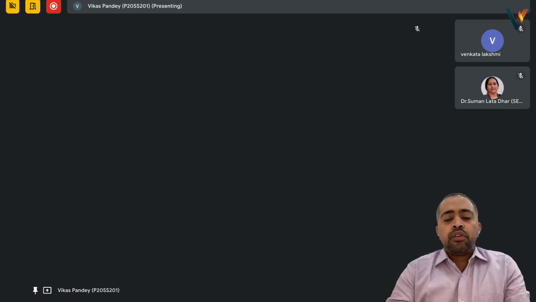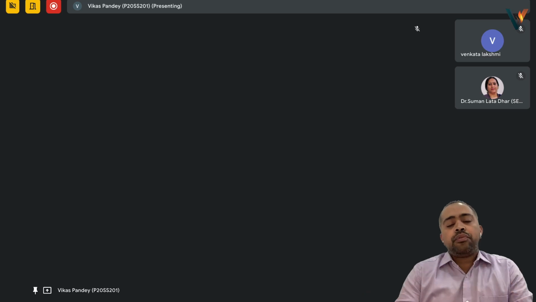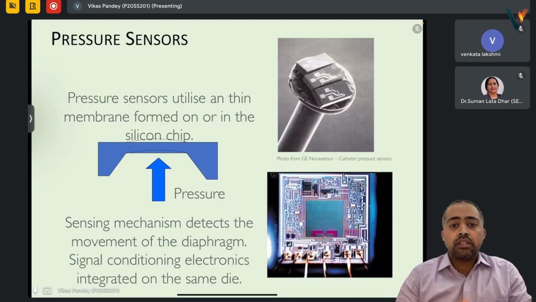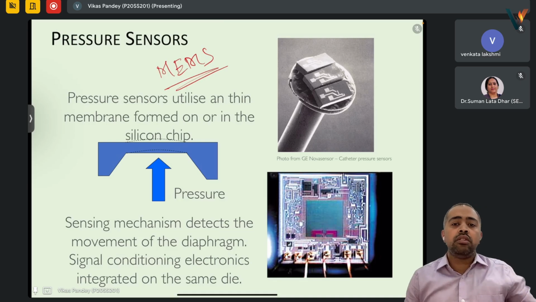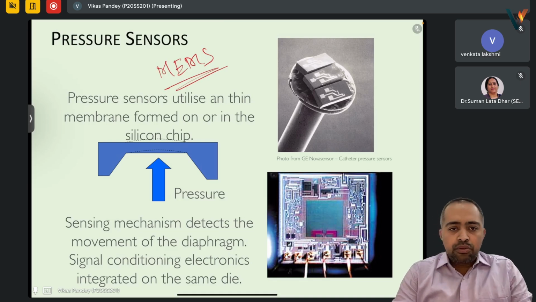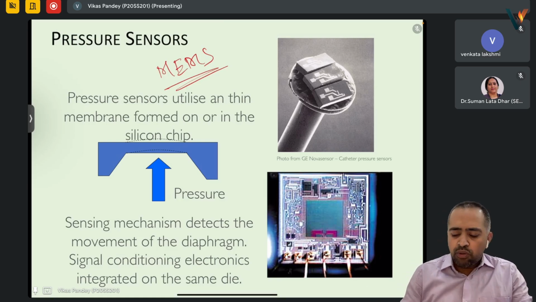Yeah. So to start with, what is a pressure sensor, or specifically, what is a MEMS pressure sensor? Although there are pressure sensors that have traditionally been used, mechanical pressure sensors, here we are talking about the MEMS pressure sensor. You see how small these pressure sensors are.